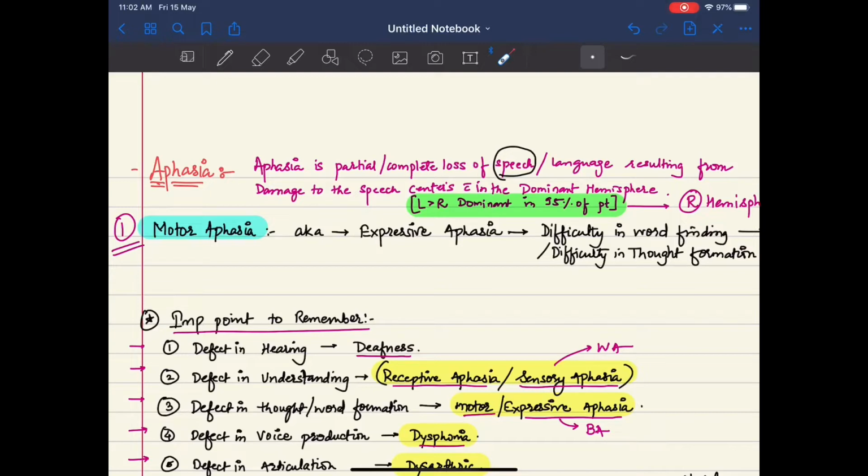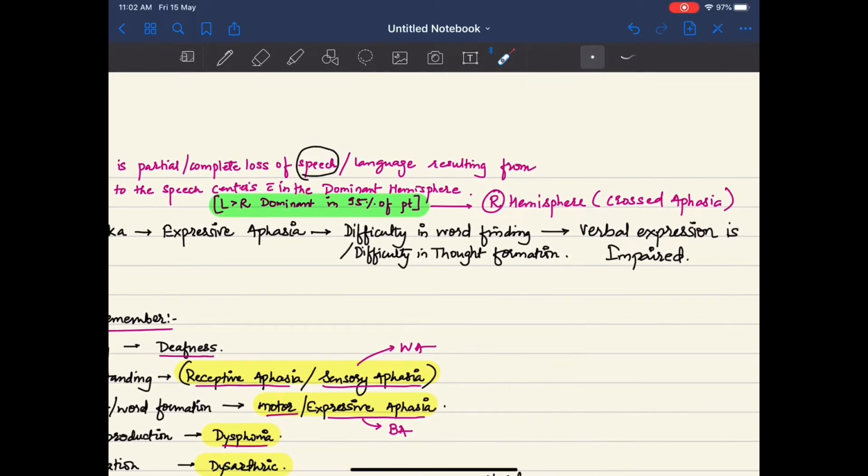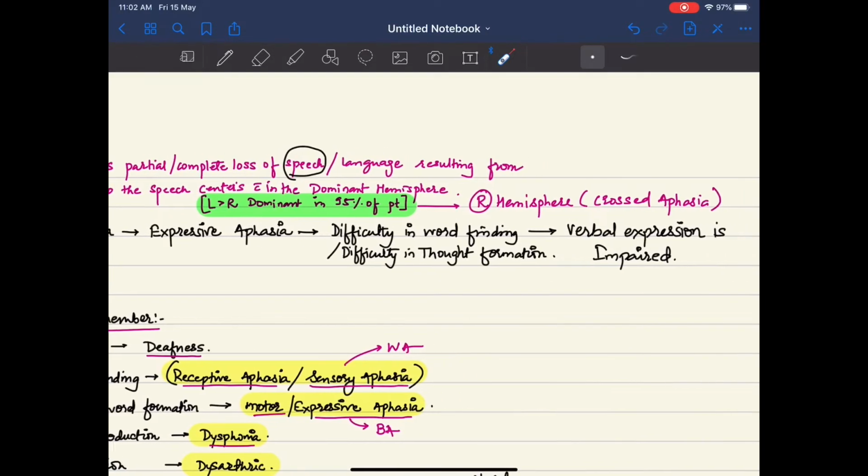The left side of the hemisphere is the dominant part, while the right hemisphere is only dominant in 5% of the people, and it is also called crossed aphasia. If someone has a lesion in the right hemisphere and speech is hampered, then we have to suspect that he might be a right dominant person.